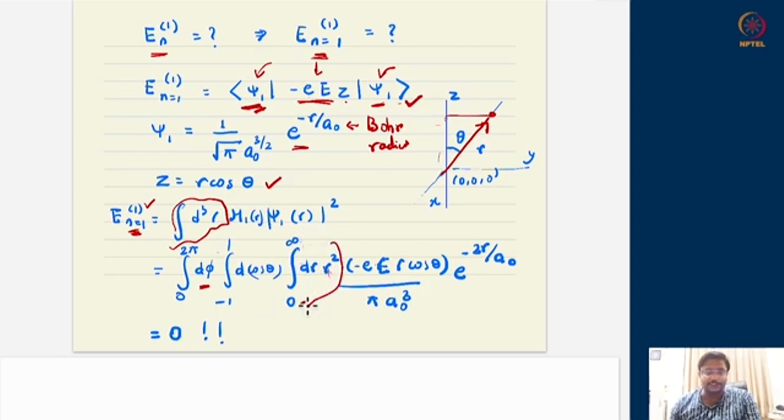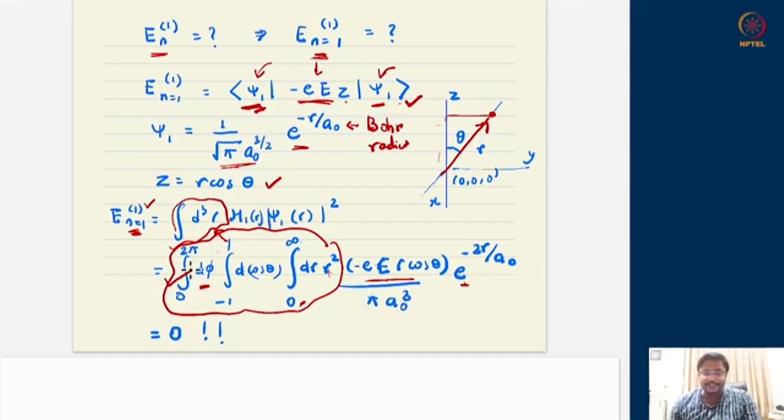So this whole thing is just a total volume integral in spherical polar coordinates. After that, I have the Hamiltonian E times capital E times r cos theta, where r cos theta was z, and psi mod square. So psi mod square will be an exponential with twice the argument divided by the square of the denominator of the wave function. All these things are fine.